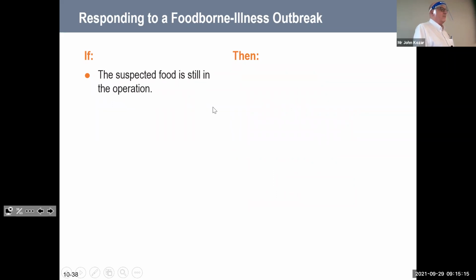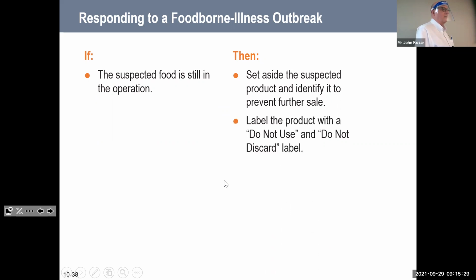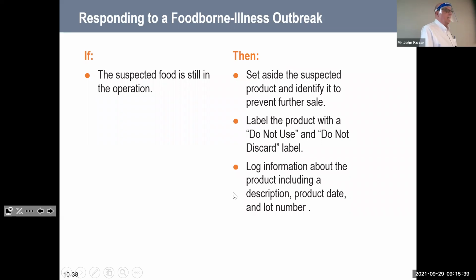If you have suspected food still in the operation, you want to set that aside because you may need to have that food tested. But you do want to make sure that it doesn't get sold. Just like if you have a food recall, you separate it, you mark it, label it, do not use, do not discard. And then have all the information on hand about the product description, any dates or lot numbers that are associated with that product.